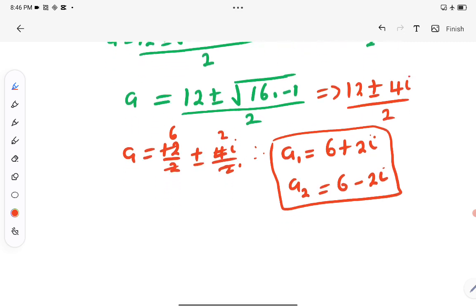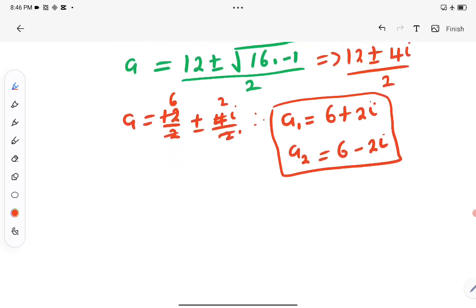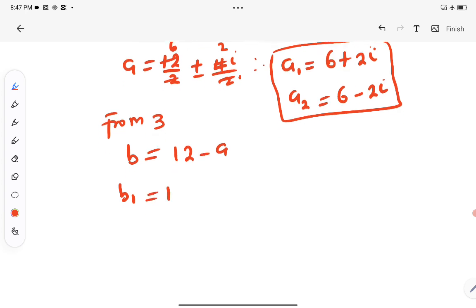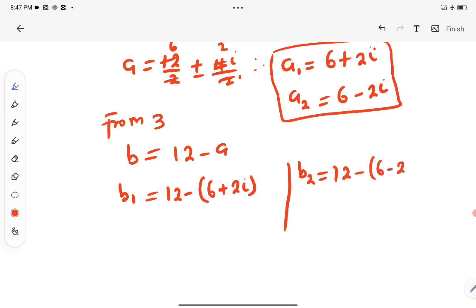Let us solve for B1 and B2. To solve for B, from equation 3, B is equal to 12 minus A. Now B1 is equal to 12 minus A1, which is 6 plus 2I, and B2 is equal to 12 minus 6 minus 2I.